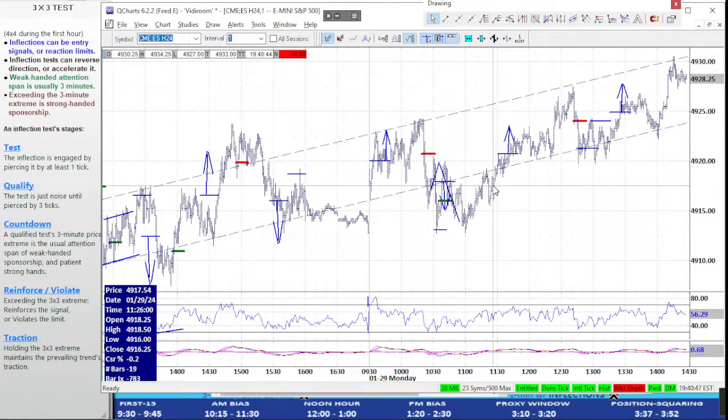Everybody's learning curve is traveled so much more quickly by actually being involved in the live environment as it's developing, not knowing where it's going and looking back, oh yeah, look at that signal, look at how that played out. But seeing a signal be probed, seeing price come to a signal and react to it.